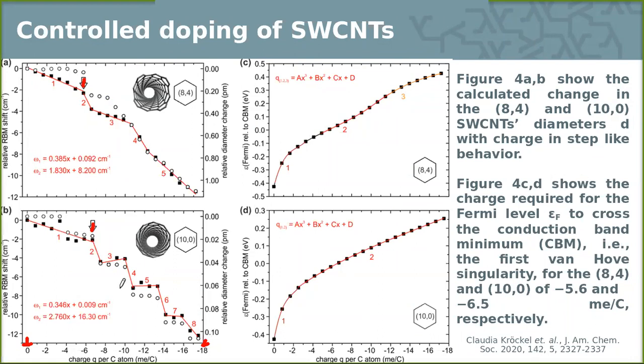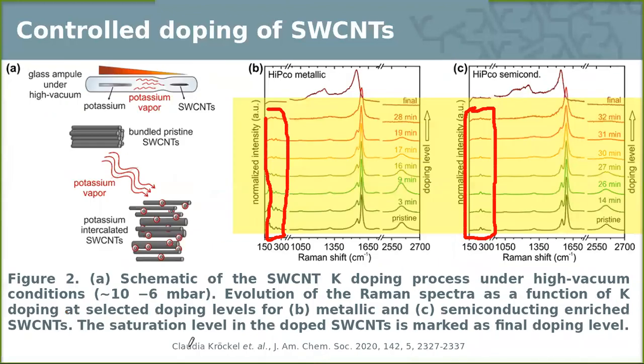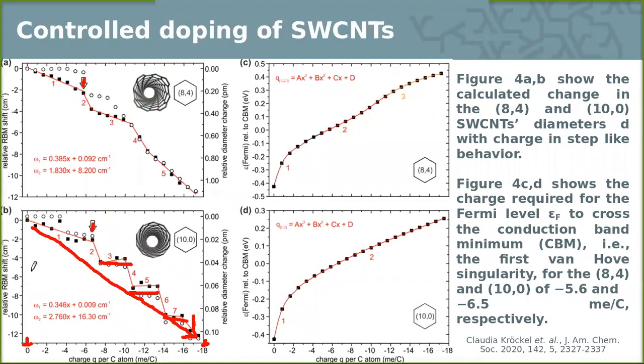But there are some places where we have a plateau region, and it's also interesting to know why we have these plateau regions here. It's not a constant reduction of frequency as a function of doping, but something that goes step by step.